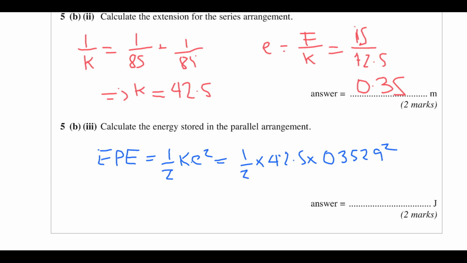It says the parallel arrangement, not the series arrangement. So let's get the actual right values.